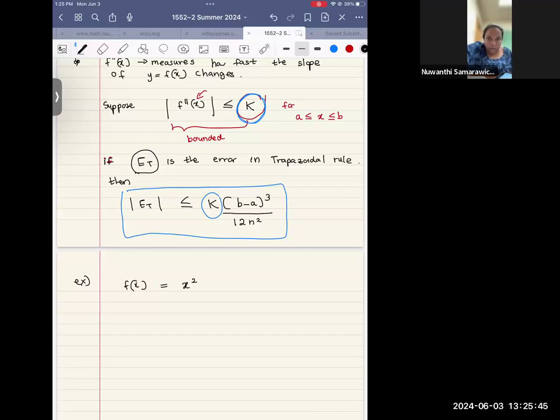The first derivative is 2x. Yes, very good. So the second derivative is just 2.